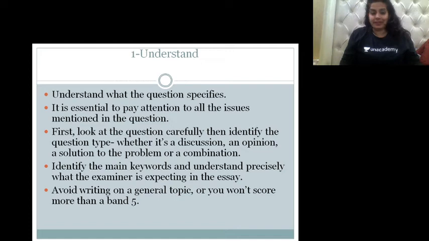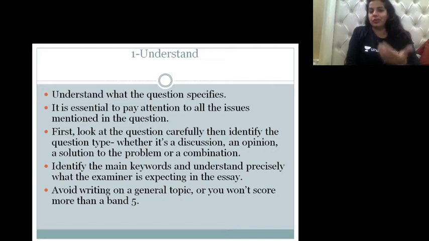Okay? But if the question says, there are so many advantages and disadvantages of mobile phones for teenagers. Okay? Which do you think goes higher above the other, or discuss whether the advantages outweigh the disadvantages or vice versa, or which outweighs the other?